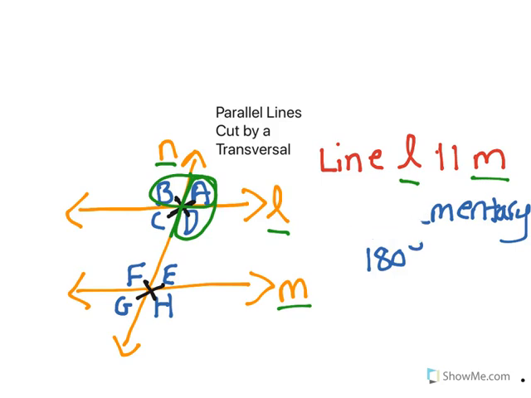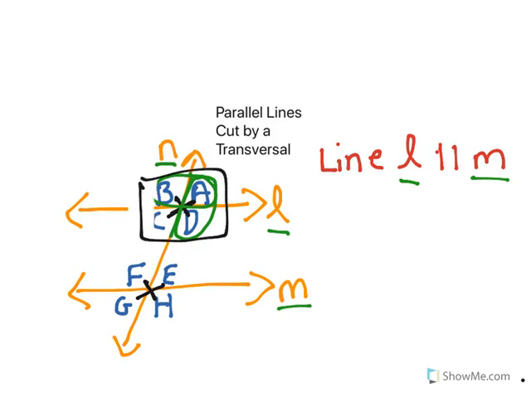All right, there are 3 other types of angles that we want to talk about. And so to do that, I want to point out to you guys, if you look in our box here, we have angle A and angle E are in the same spot.